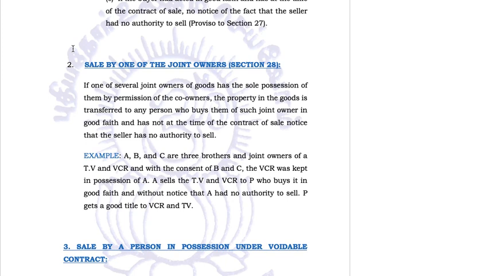P gets a good title to the VCR. Even if the other owners had not given authority to sell to the co-owner, if the co-owner makes a sale and the buyer has no occasion to know that the authority is defective, then he shall get a good title, because the sale is being made by a co-owner. He has no reason to believe otherwise, since a co-owner can sell his own property. He believes that the other owners must have confirmed the sale to him.